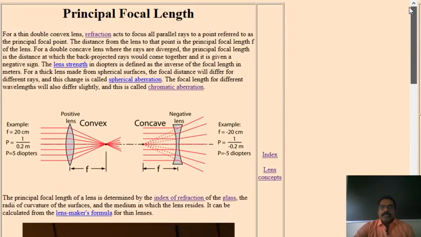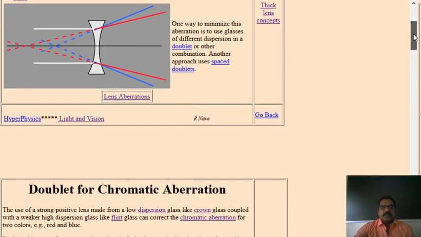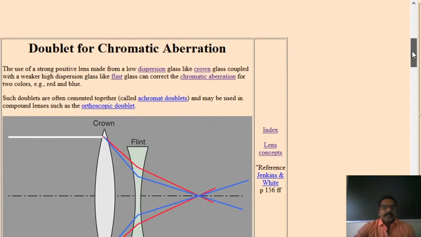So back to the concept, chromatic aberration. In chromatic aberration, the light is divided into some of the colors. The image is divided into some of the colors.